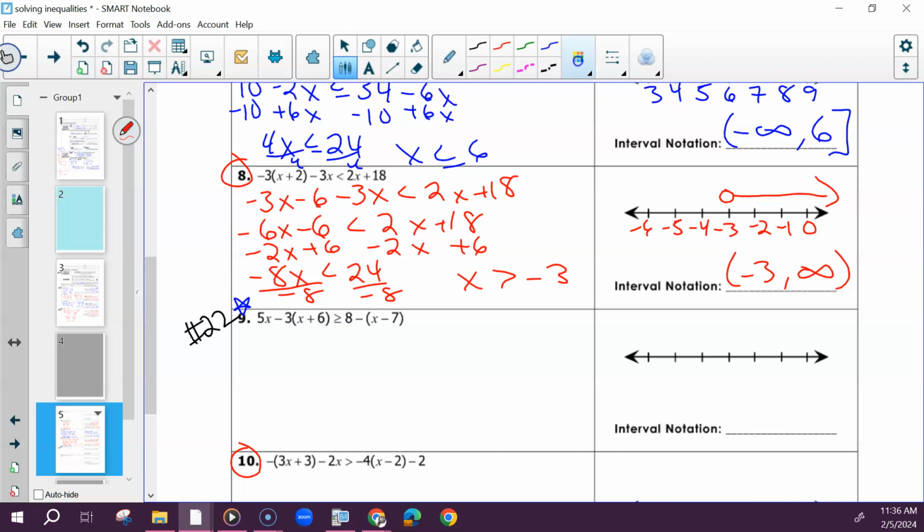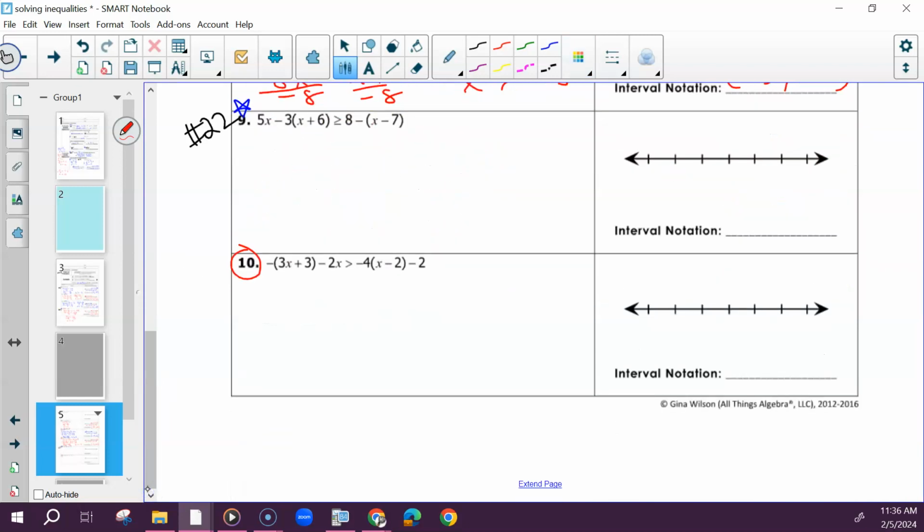Okay, let's do number 10 and then we're going to switch gears. Distribute on both sides. Be careful with your negatives. Combine like terms on both sides.